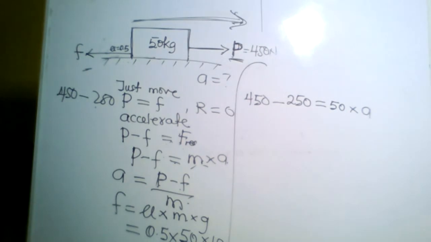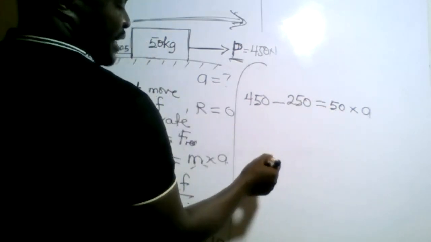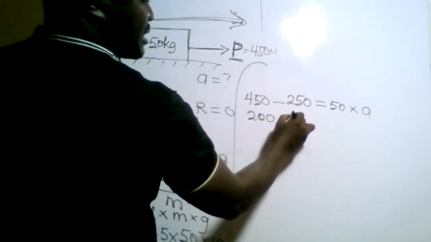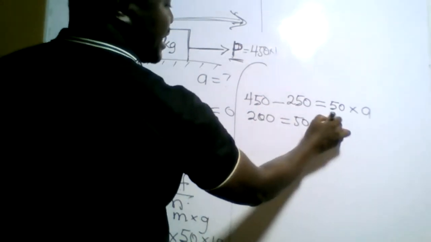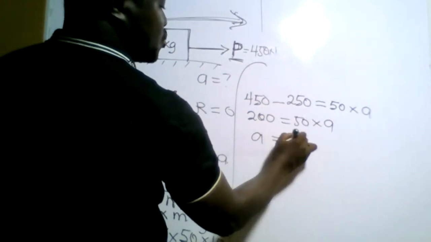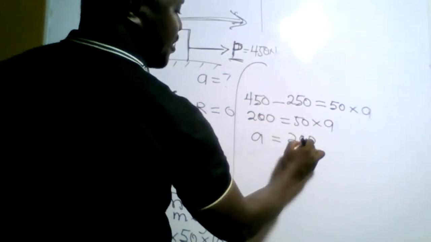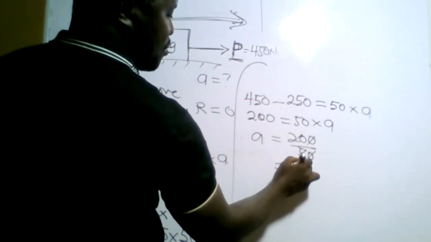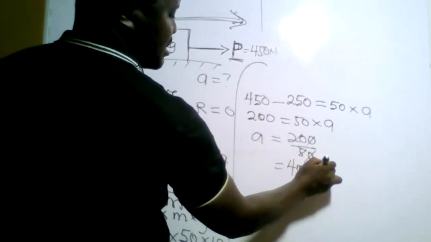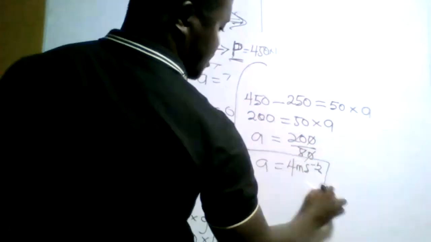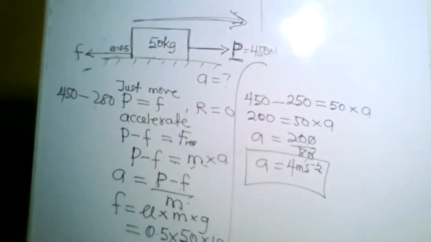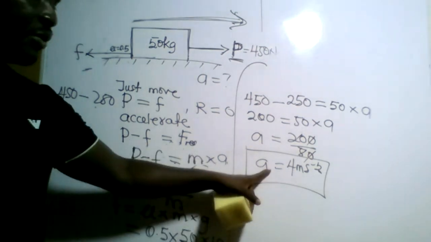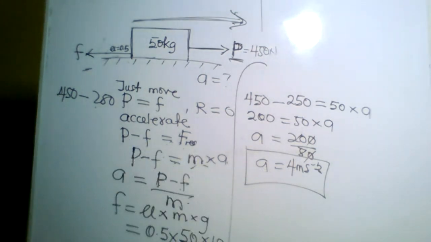And so you can calculate the acceleration from there, right? 200 is equal to 50 times A. A is equal to 200 over 50, and this is 4 meters per second squared. So Ekweadoma and Boma and the rest of you, this is the acceleration of the body.